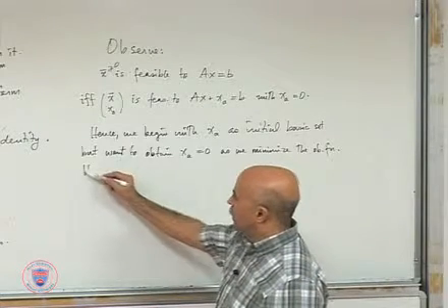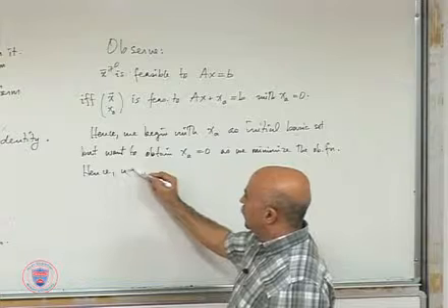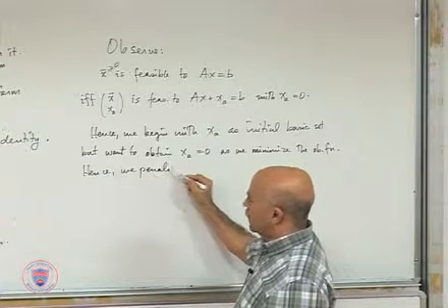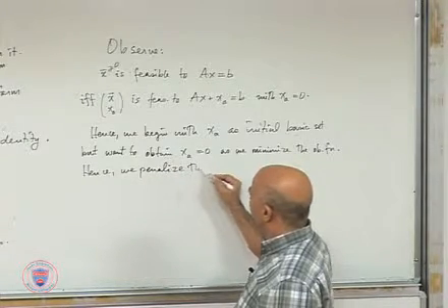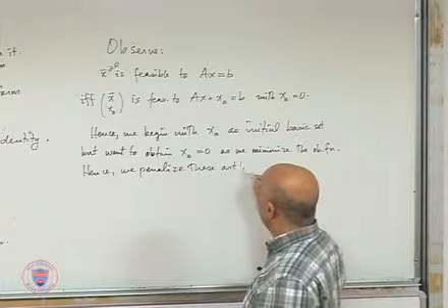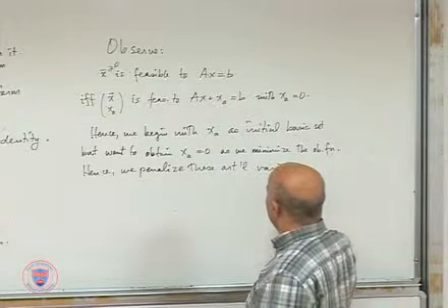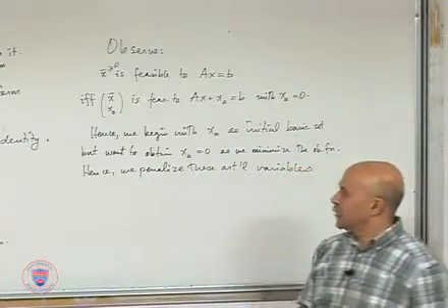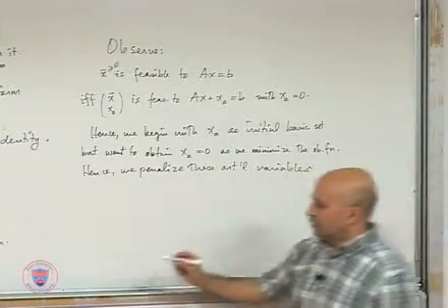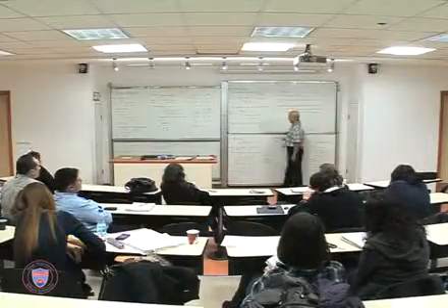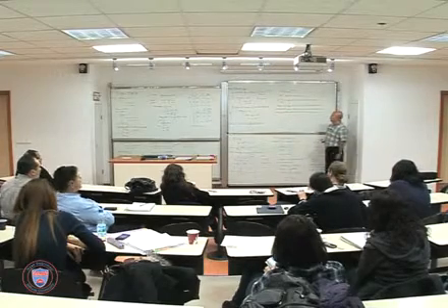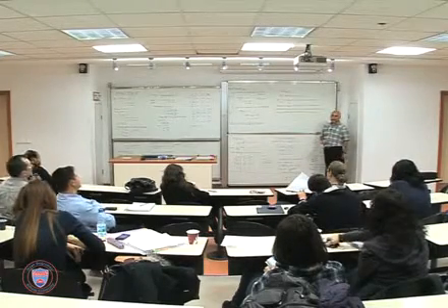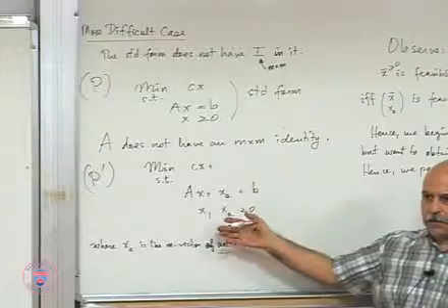Hence, we penalize these artificial variables. So the variables inside XA are called artificial variables, and they have no business being in the problem. The problem is changed.